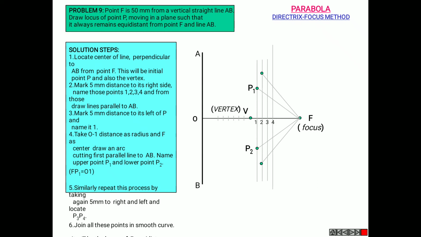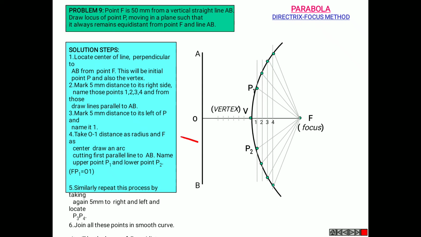Similarly, O to 3 as radius, F as center, cut the third line on both upper and lower in order to obtain the two points. Similarly, O to 4 as radius, F as center, cut the arc on the fourth line, and we will obtain some points. So join all these points smoothly in order to obtain a curve called parabola by using the directrix focus method.